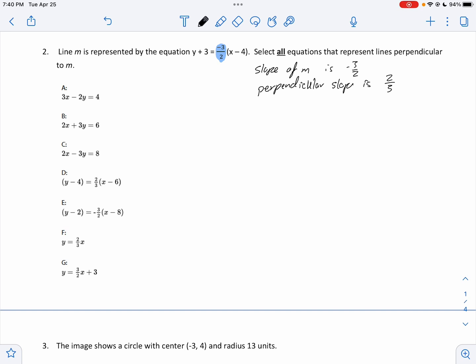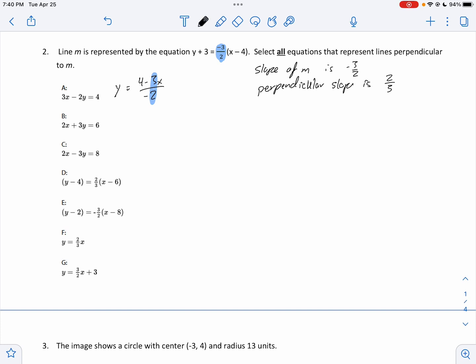So notice for A, if we solve for y, we're going to get (4 - 3x) over -2. When you simplify this, you're going to have slope -3 over -2, which is positive 3/2, which is not what we want.